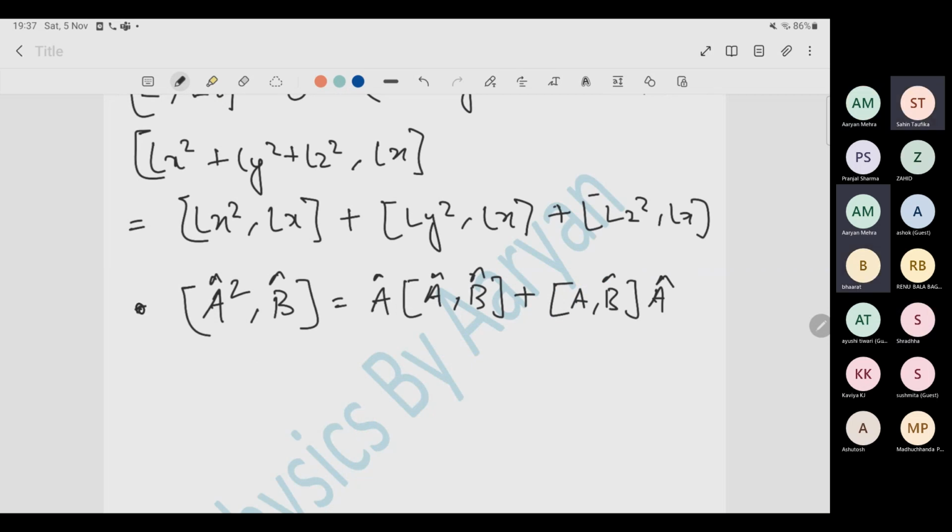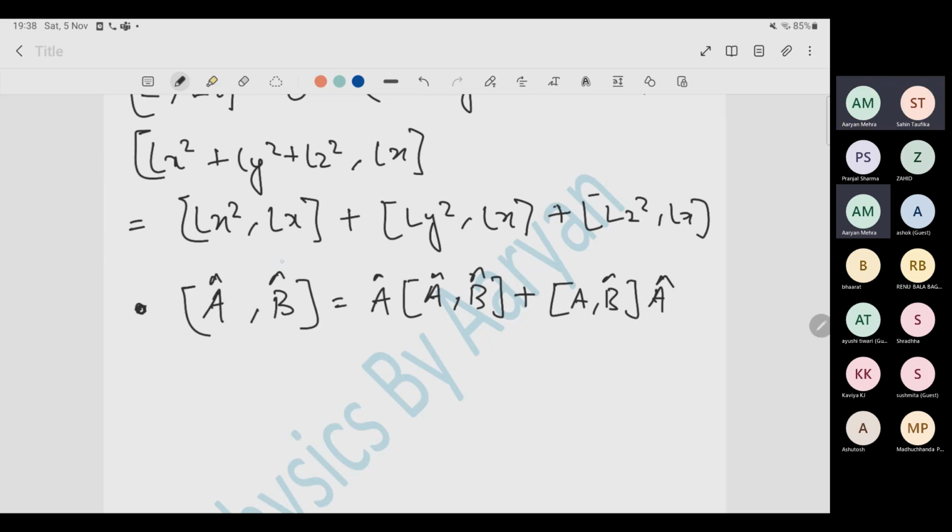Yes, Bhaiya. I have a confusion. Sometimes A is written on the right side and sometimes on the left side. Even if it is not A square but a product of other operators like B and C, which formula should we use? Are both correct?